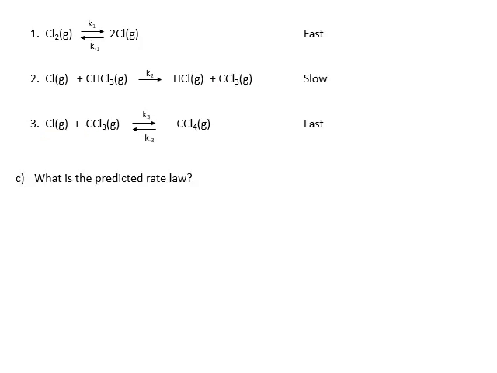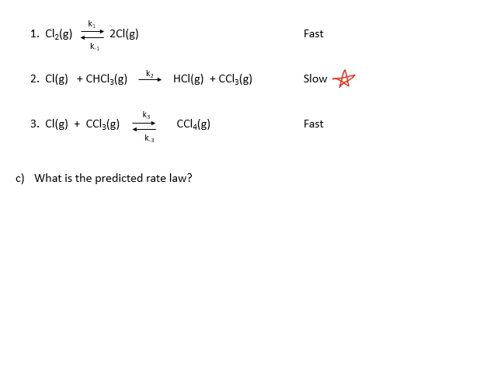Now let's find the predicted rate law for this mechanism. To find the predicted rate law, you have to start with the rate-limiting step. That's going to be the slow step. In this reaction mechanism, the slow step is the second step of the mechanism, so our rate law will be based on this step.